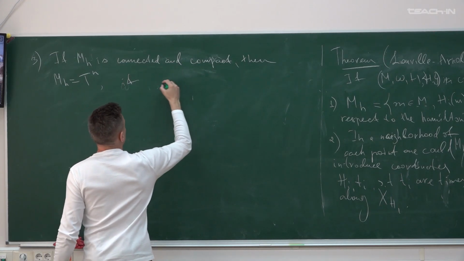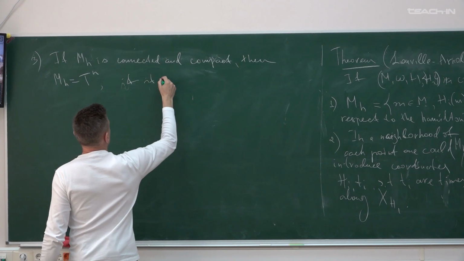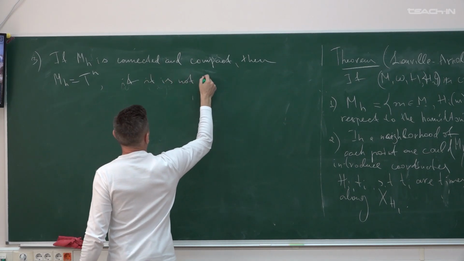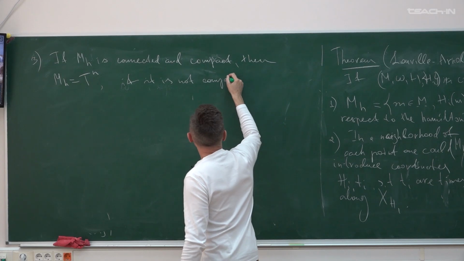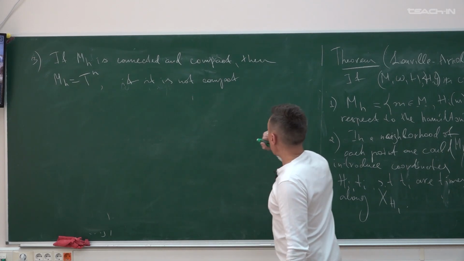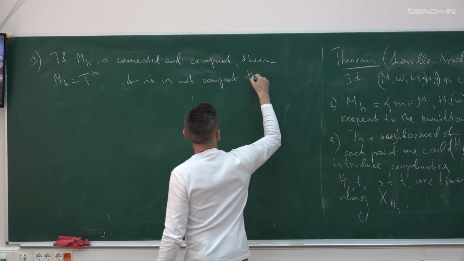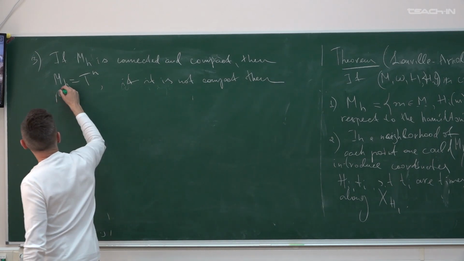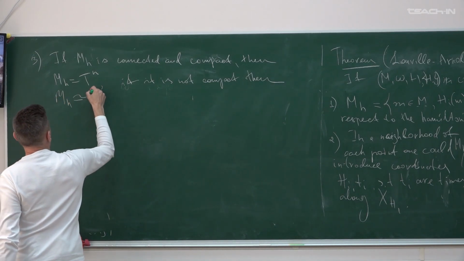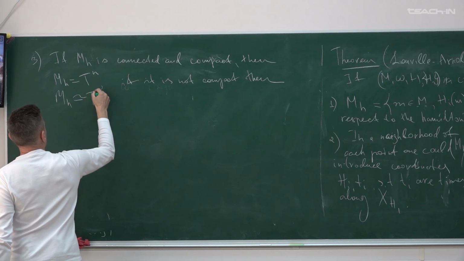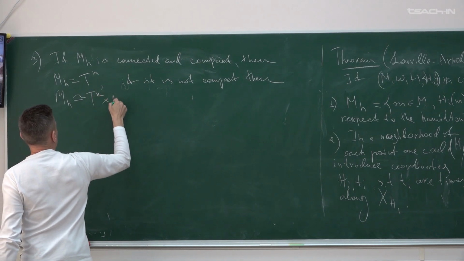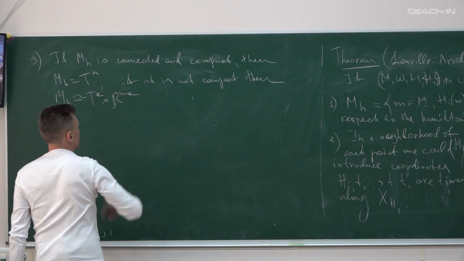If it is not compact but connected, then it is T^k × R^{n-k}.